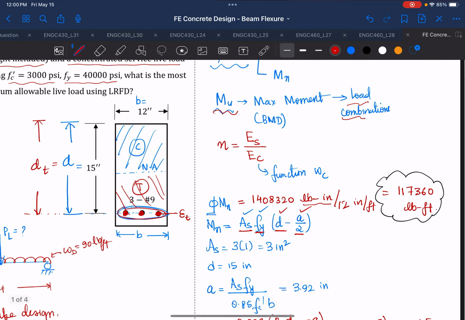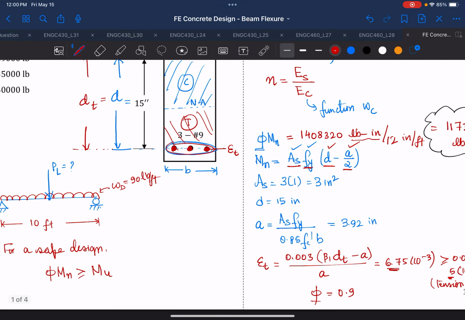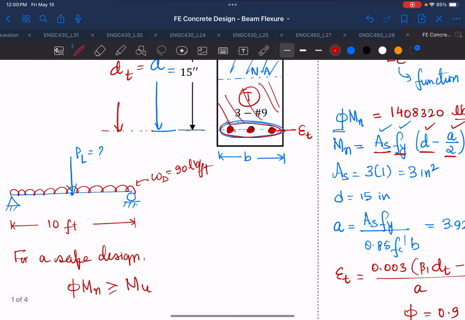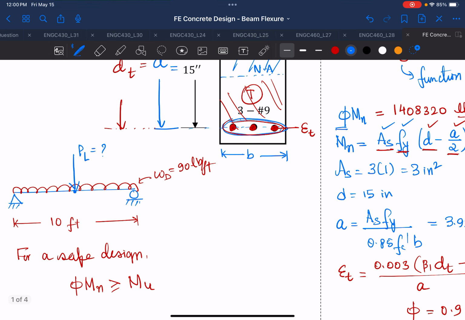Now what is Mu here? For finding the Mu, we have two types of load combination. So in this case, we can separate out, using the method of superposition, into a UDL plus a point load.